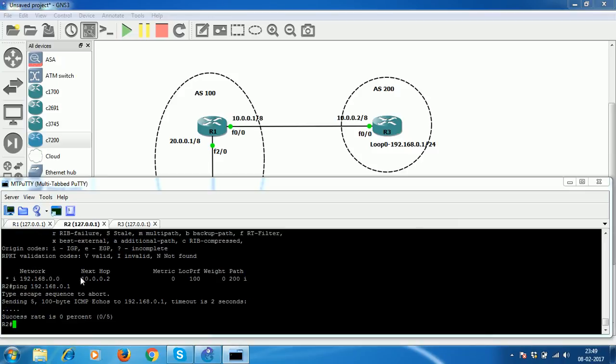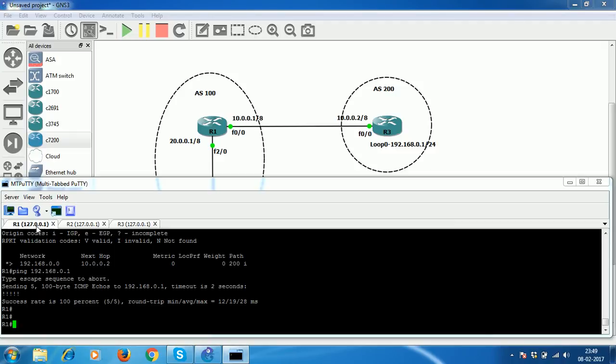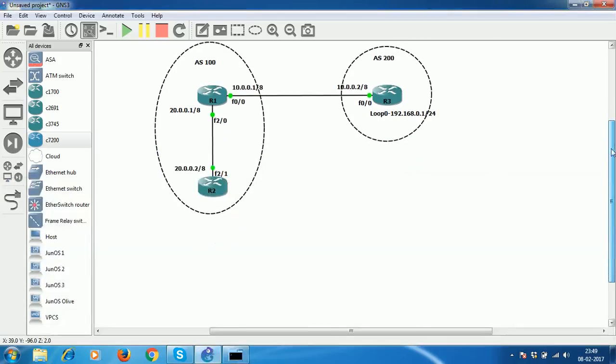On R2, the next hop is 10.0.0.2, correct? Whatever R1 received as the route update from R3, R3 is telling R1, if you want to reach this loopback, the 192.168.0 network, come to me. Now R1 tells R2, if you want to reach this 192.168.0 network, your next hop is 10.0.0.2, but R2 does not have visibility of 10.0.0.2.